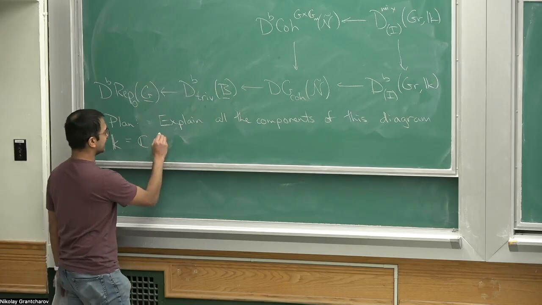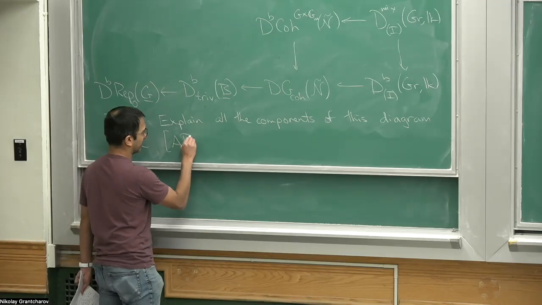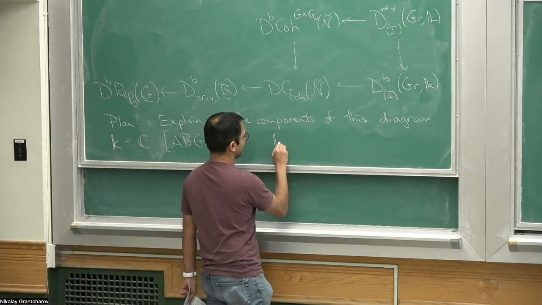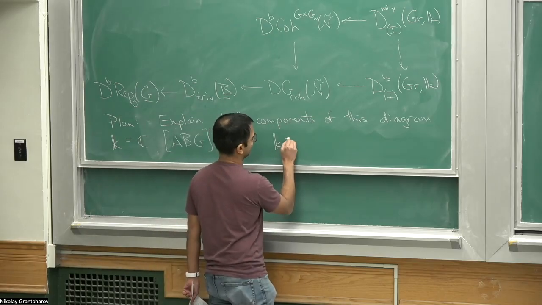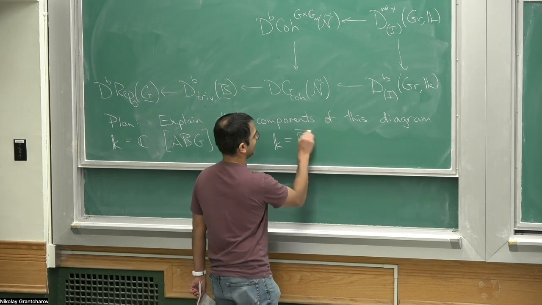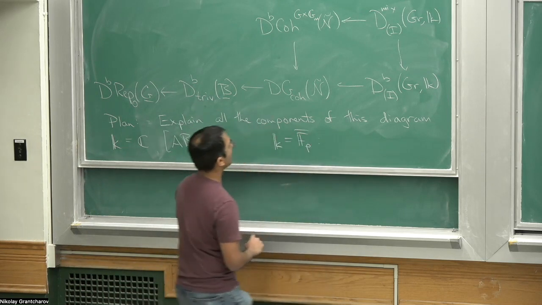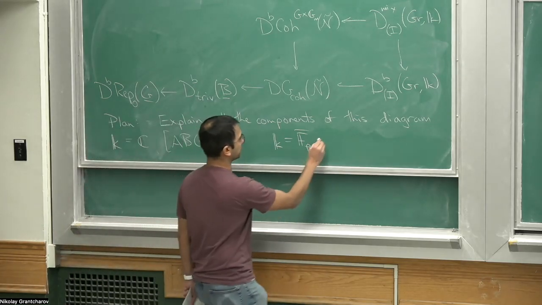So the K equals C case is Arkhipov-Bezrukavnikov-Ginzburg, and the K of, let's say, F_p bar case: all the components of the diagram exist, and the same theorems are true.